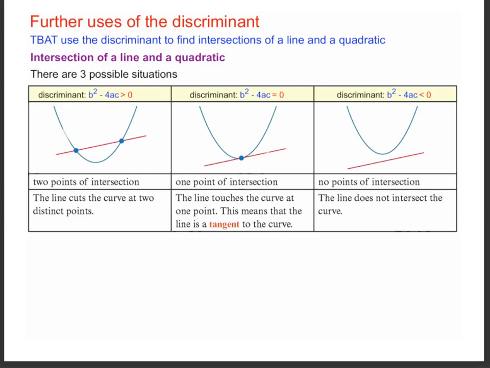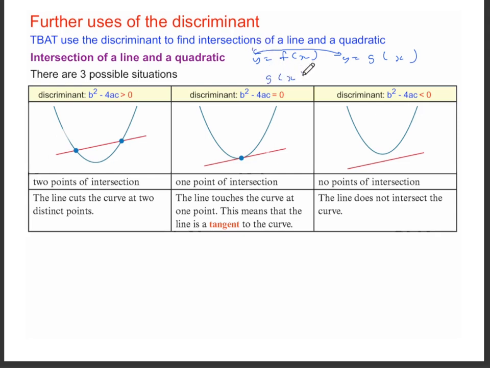And we can use that information with the discriminant to find specific use cases of that intersection. So if you have two equations, suppose y equals f of x and y equals g of x, and we equate them together as we would do in a simultaneous equation.